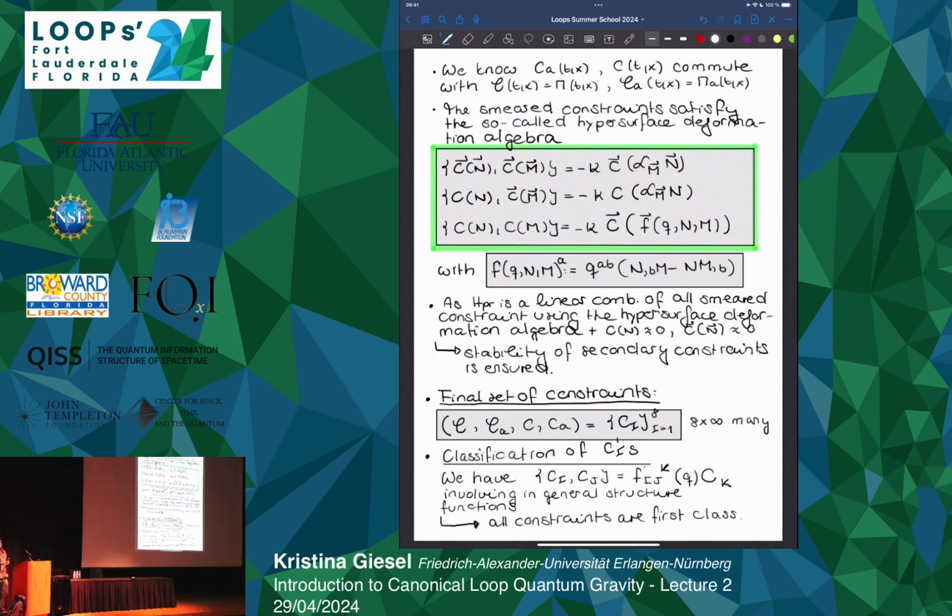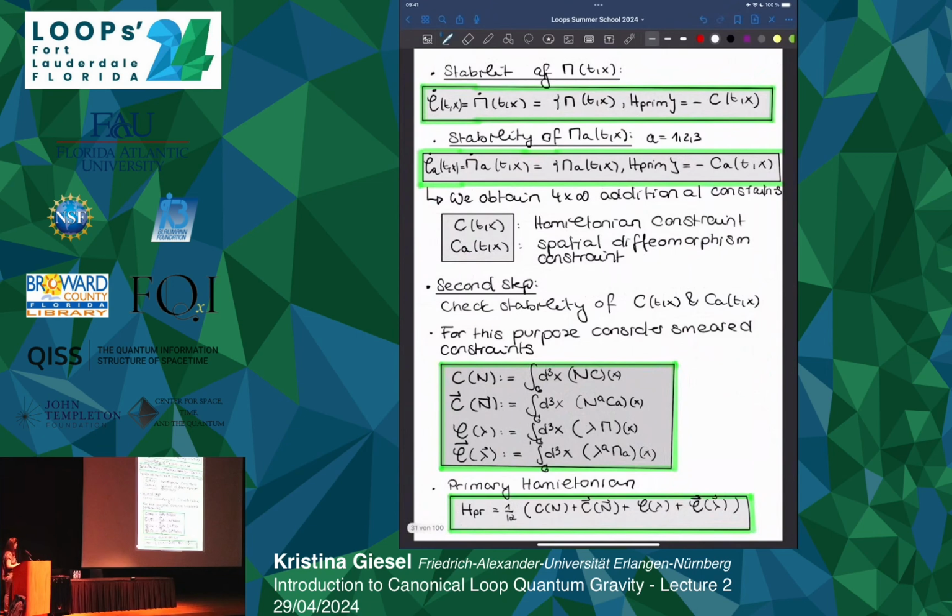Now, why is this important? On the one hand, it's related to the geometrical interpretation the constraints have, which I was just mentioning. But on the other hand, if this algebra is given, it tells us also something about the stability of the second-class constraints. So let's go back to the primary Hamiltonian.